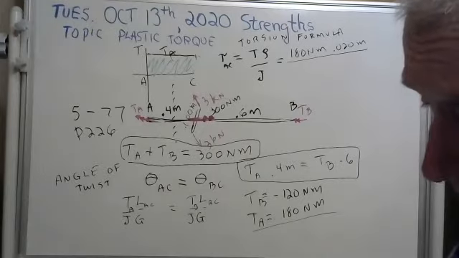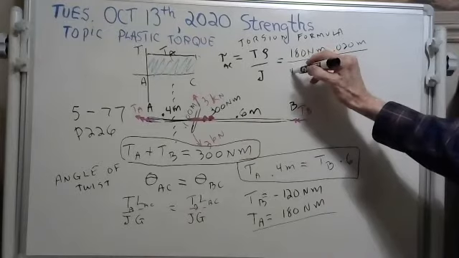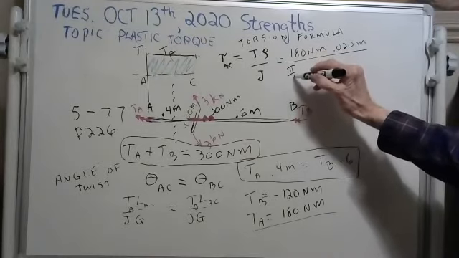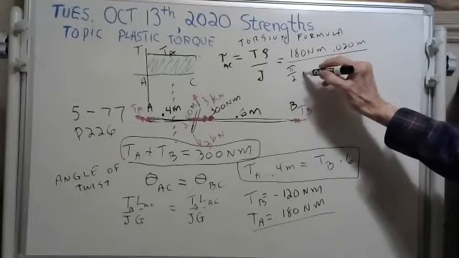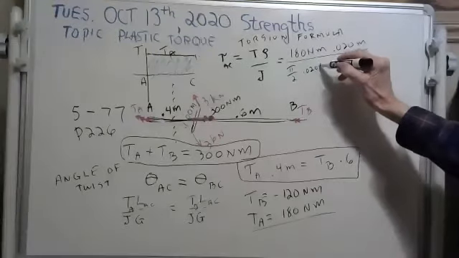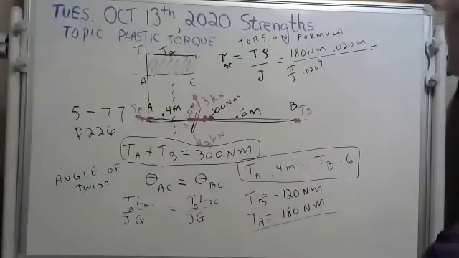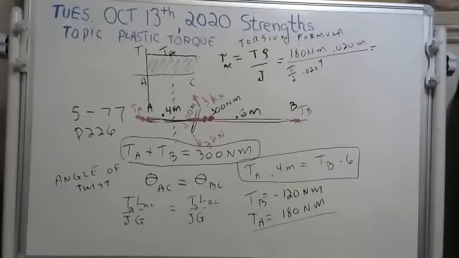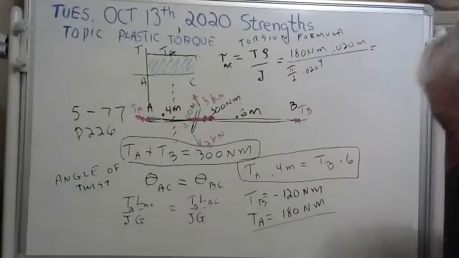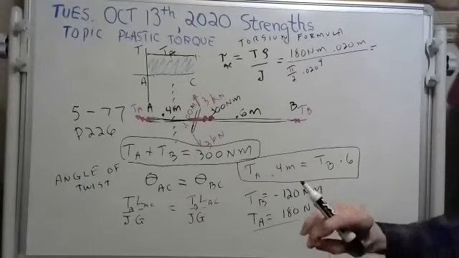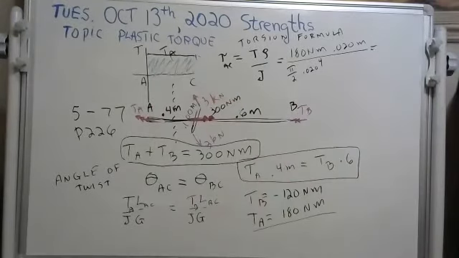I think I derived that for you. It's pi over 2 times 20 to the fourth. That's it. Okay, let's do that for me. I'll give you 30 seconds, and we're going to get the stress in AC. Go for it.